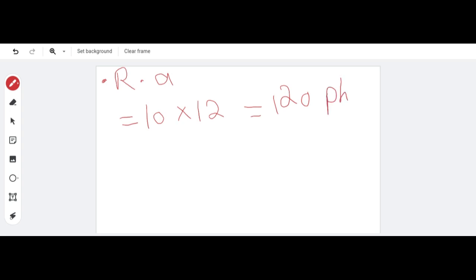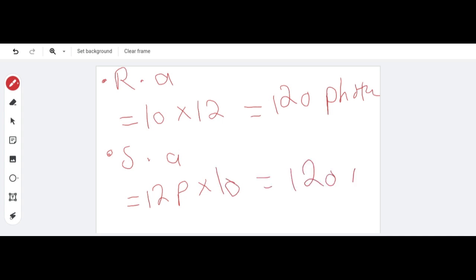For Sanjay's album, he has 12 pages and 10 photos. We multiply and get 120 photos. Both have the same number of photos.